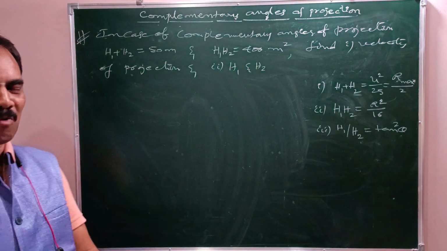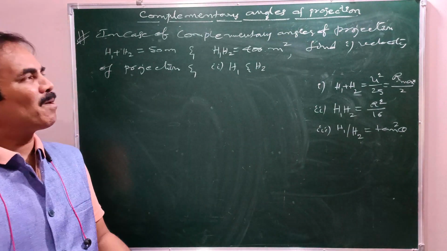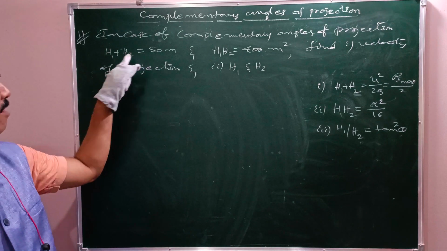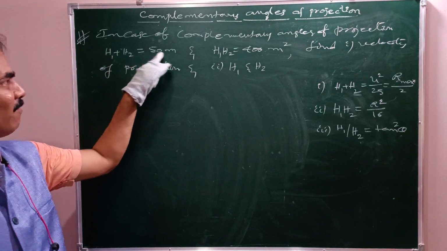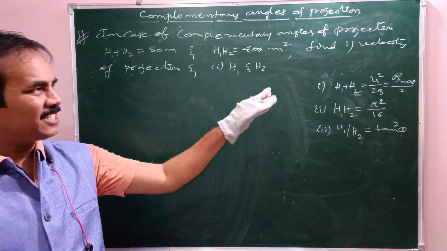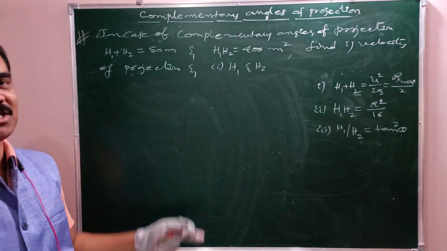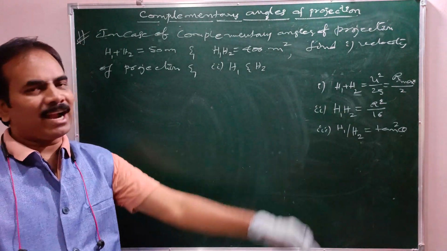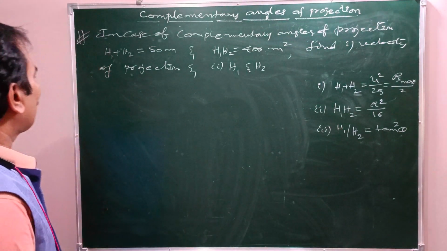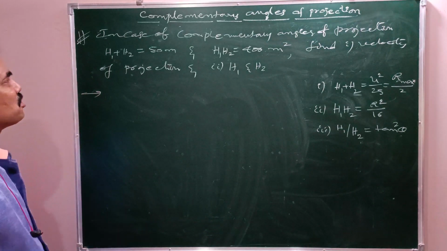See, one body is projected at complementary angles of projection in a plane such that sum of their maximum heights is 50 meter and product of maximum heights 400 meter square. So in that situation, find the velocity of projection as well as individual heights through which the body rises. Right? Okay. Now, what is the solution?